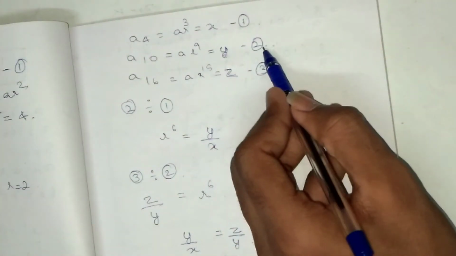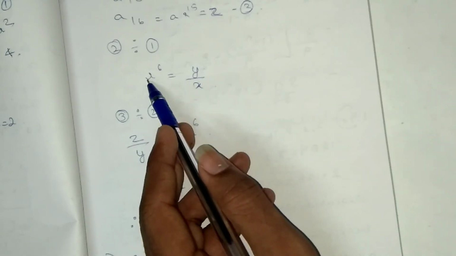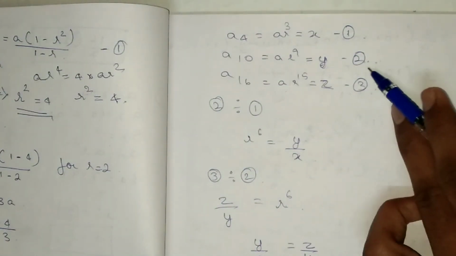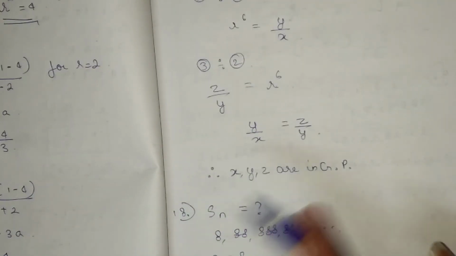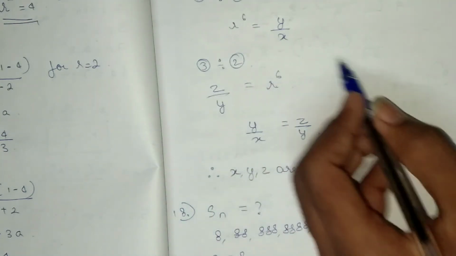Now if you divide equation 2 by equation 1, you get the value of the common ratio as r to the power 6. Now if you divide equation 3 by equation 2, then you get r to the power 6, which is the common ratio, which is equal to z divided by y.